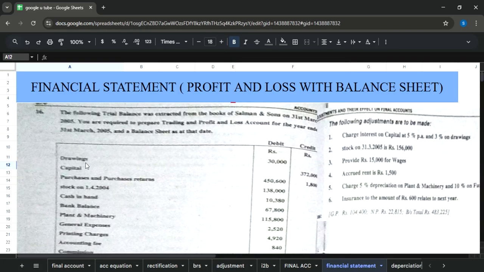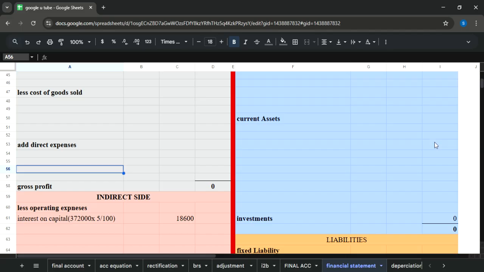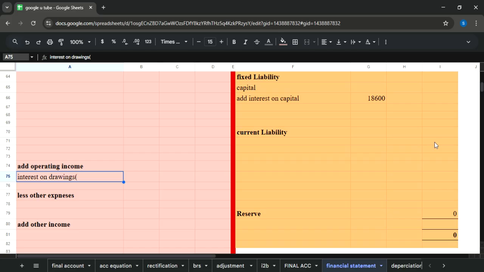This is the first amount, drawings, and the amount is 30,000. Interest is 3%. So here you will calculate 30,000 of drawings multiplied by 3 divided by 100.